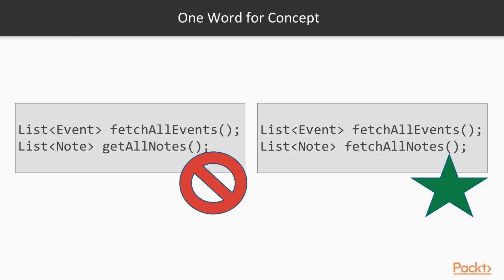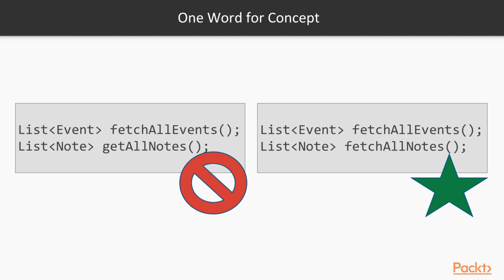So for example, for fetch all events, you should use fetch all nodes, or get all nodes and get all events. And the reason for that is because when you choose different words, our brain tends to think that using different words means different things. And that could be a mistake, right?